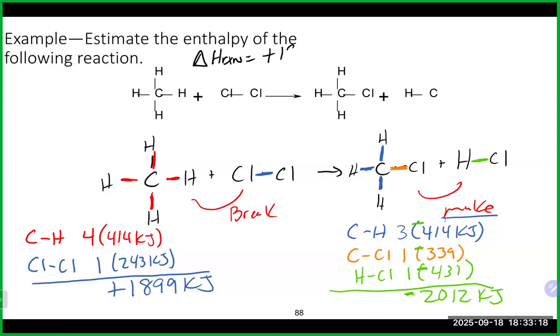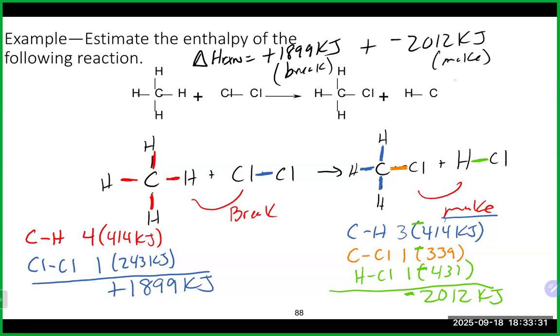The amount of energy required to break on the reactant side, added to our amount of energy required to make on our product side. That's going to give us a net, in this case, of negative 113 kilojoules of energy.